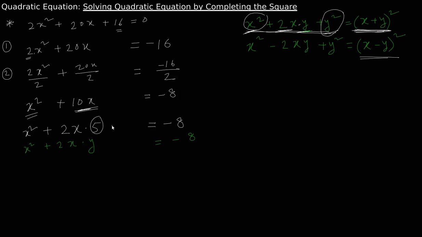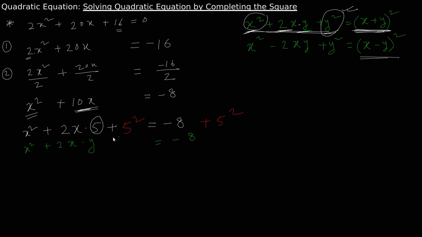So if I want to import a term y square, that means 5 square. So let me use another color. I am adding 5 square on this side, and also I am adding 5 square on the other side, so that I am not violating any math principle.